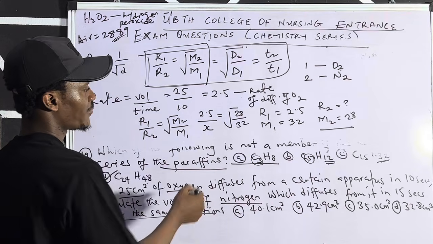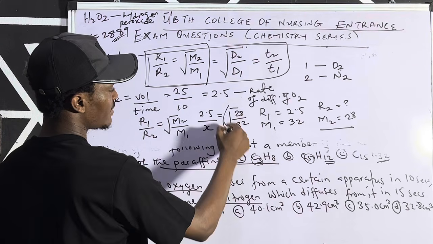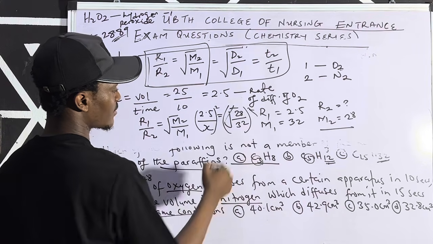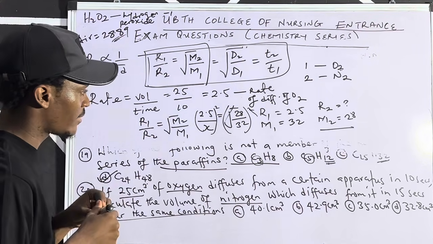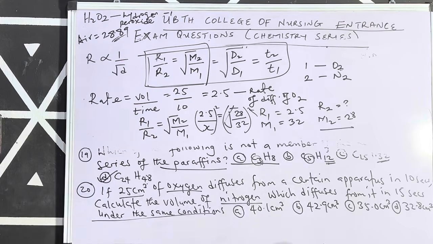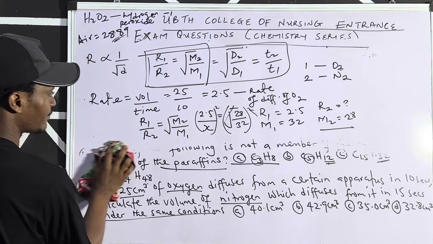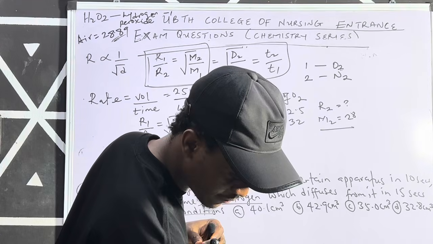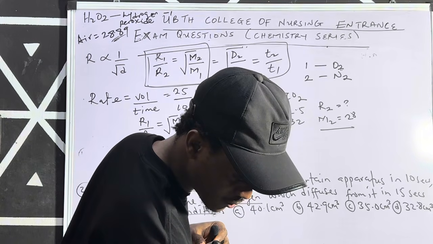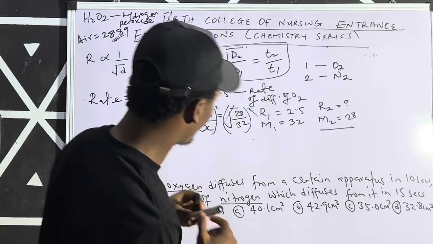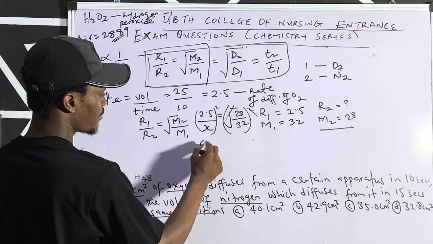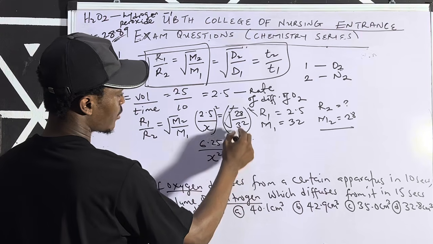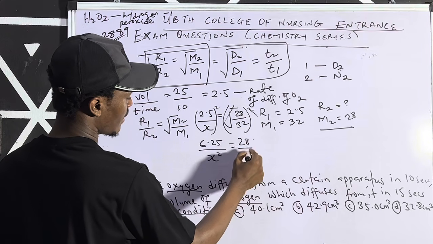We can simply take the square of both sides, so the root cancels out. The square of 2.5, that is 2.5 times 2.5, gives 6.25. So this is 6.25 over x squared equals 28 over 32.